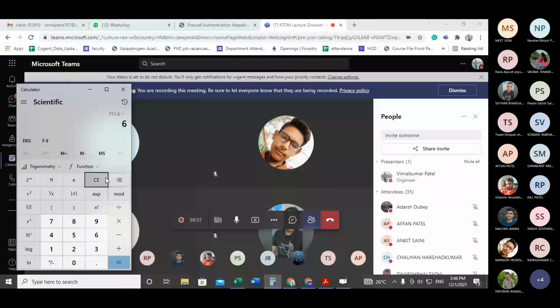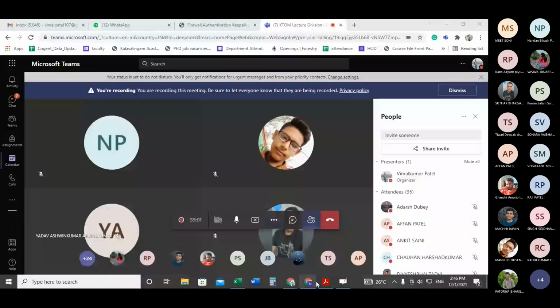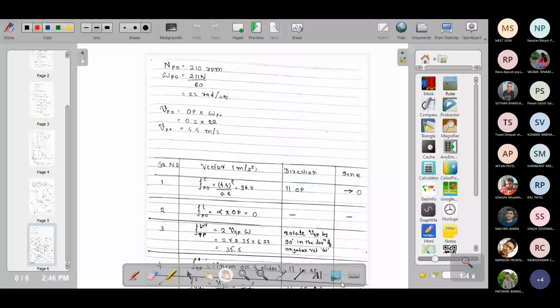I had already done 60. In short, omega is only 2 pi n by 60 and n is 120. I think I had considered 120 wrongly. So that is why it is 6.22. Is this clear?